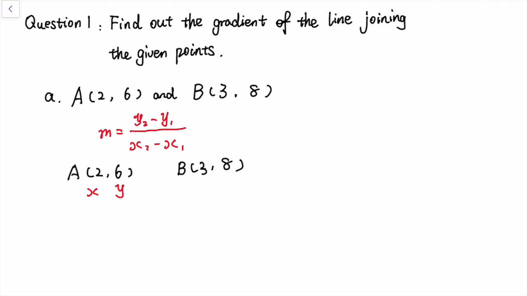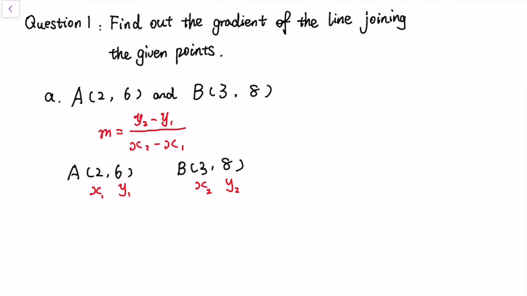Point A, 2 is x, 6 is y. Point B, 3 is x, and 8 is y. So let's put the numbers under this: 1, 1, 2, 2.